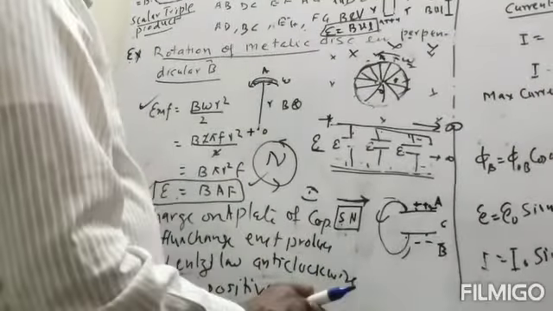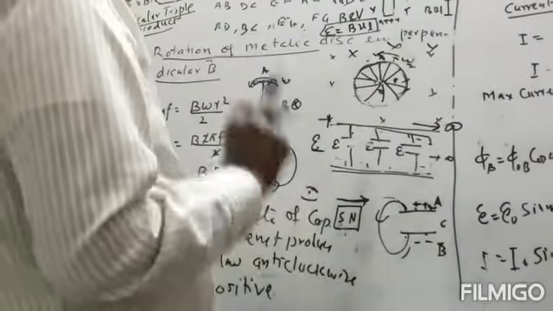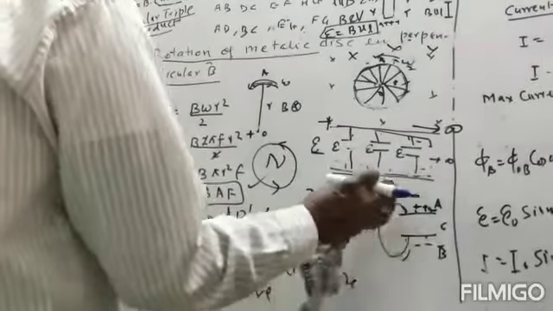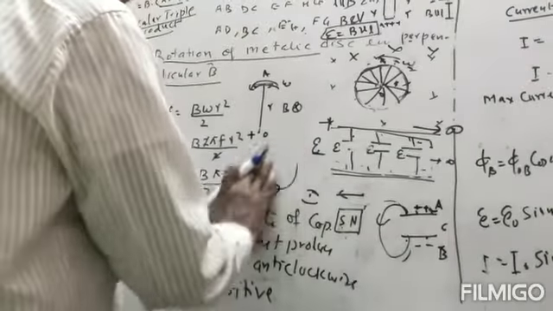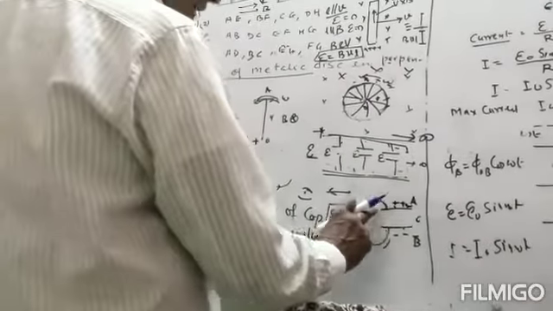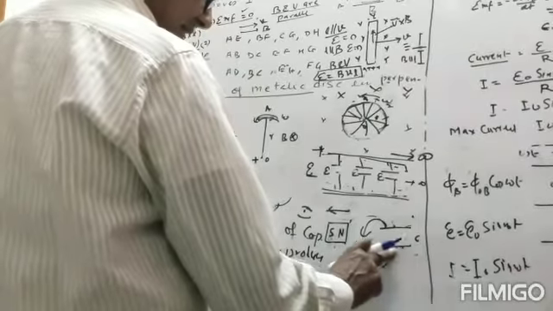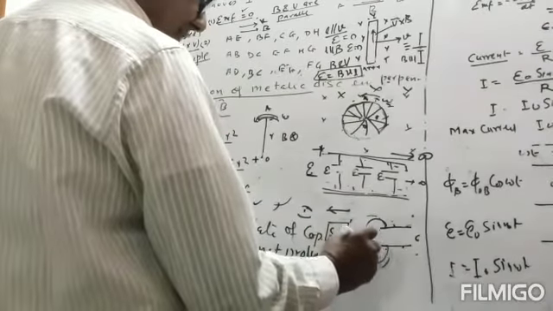The direction of the induced current will be given by Lenz's law, and it will be anti-clockwise. Suppose it is moving away from this, then it will be the S side, so here it will be clockwise.